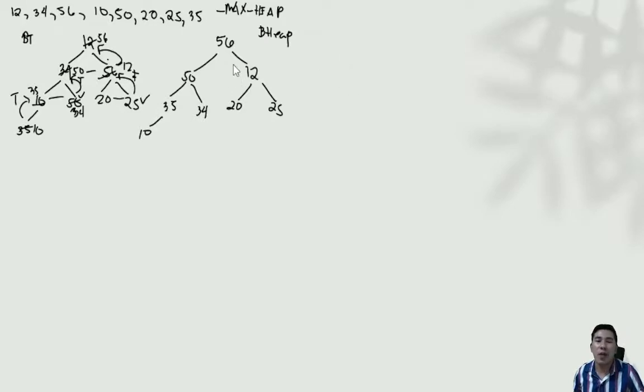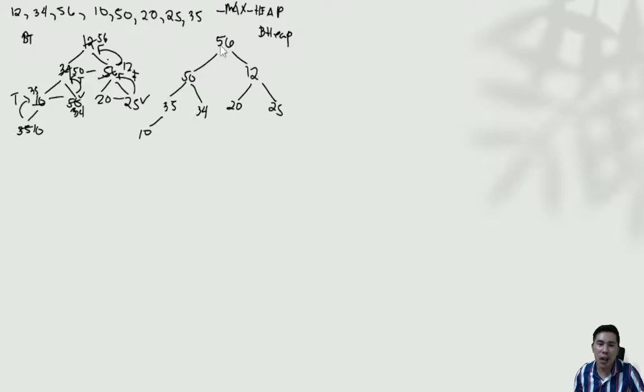So let's check our heap property, whether the order property is correct. First, is it a complete binary tree? Yes, because all its nodes are already filled. The next node to be inserted would be there, 35. Is it following the heap order property?